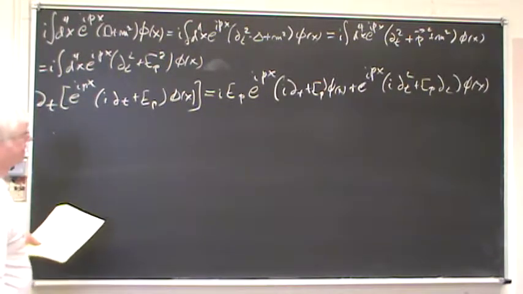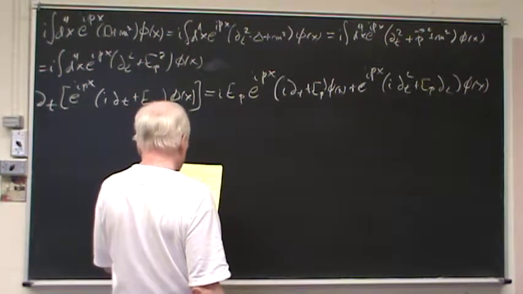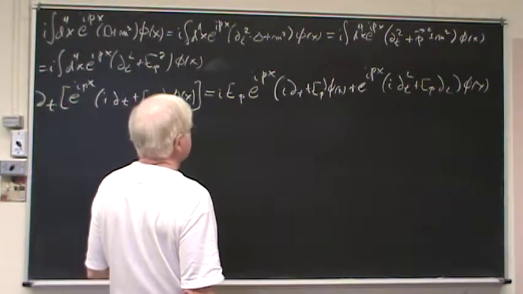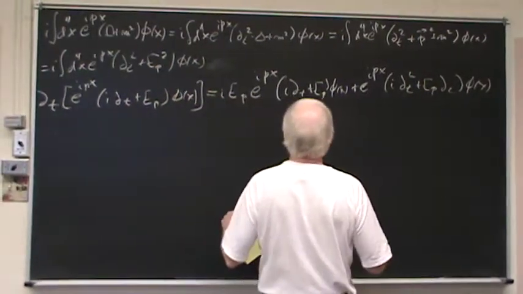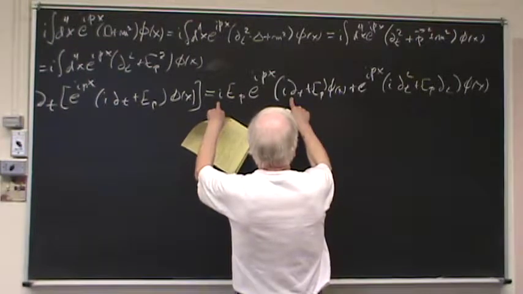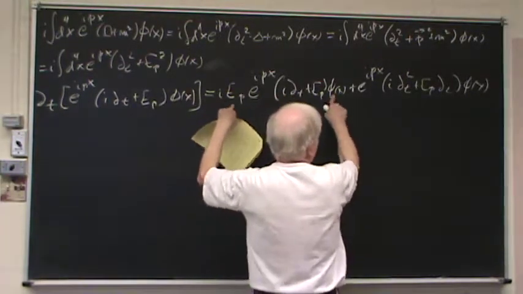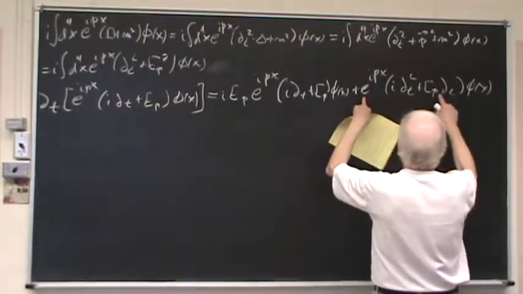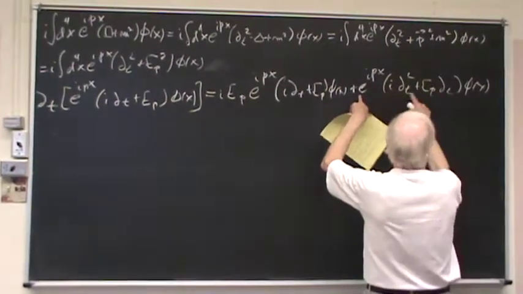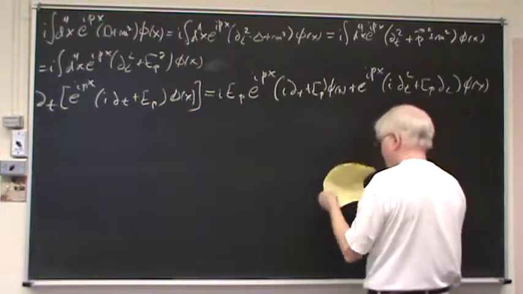Okay, so some of these things cancel. Namely, this term is minus ep d by dt times the phase factor acting on that. On the other hand, this term is the phase factor ep d by dt acting on that. So they cancel.